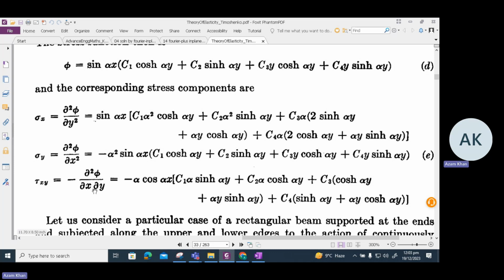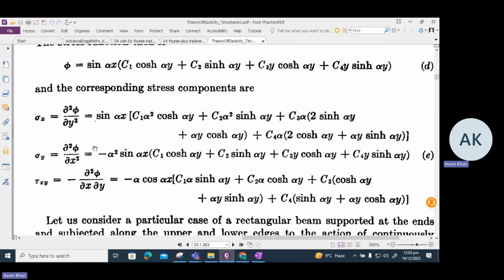Similarly, tau xy comes out to be minus alpha cos alpha x times c1 alpha sinh alpha y plus c2 alpha cosh alpha y plus c3 small bracket cosh alpha y plus alpha y sinh alpha y plus c4 small bracket sinh alpha y plus alpha y cosh alpha y.